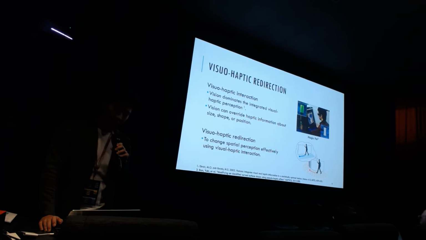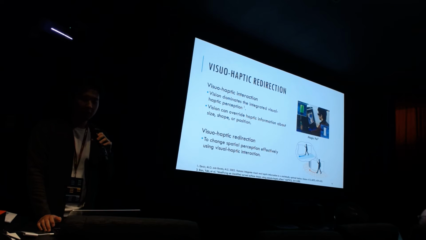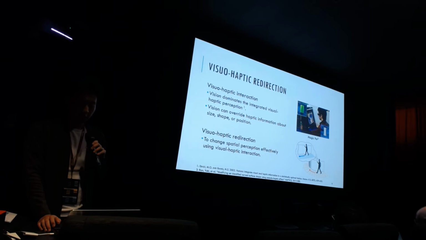To overcome those challenges, we propose Visuo-haptic Redirection. Visuo-haptic Redirection uses visual-haptic interaction for enhancing the redirected walking effect. Visual-haptic interaction is a phenomenon in which perception of size, shape, and position is affected by vision, because vision dominates the integrated visual-haptic perception.